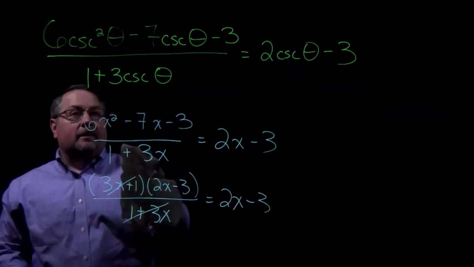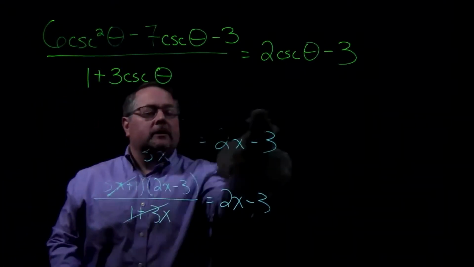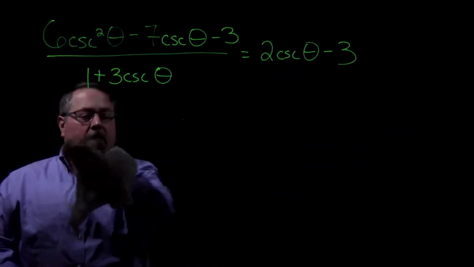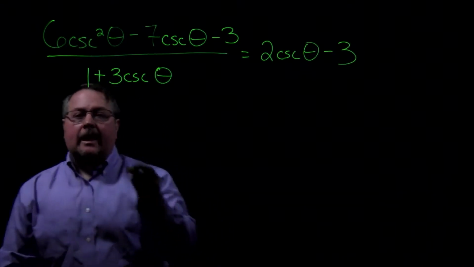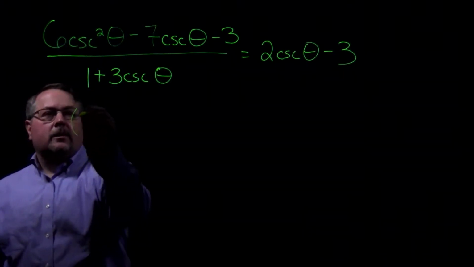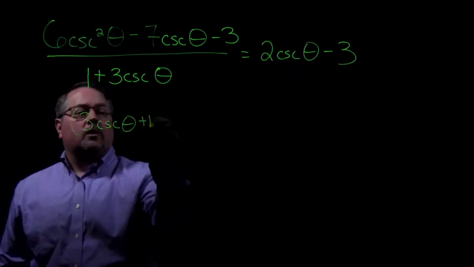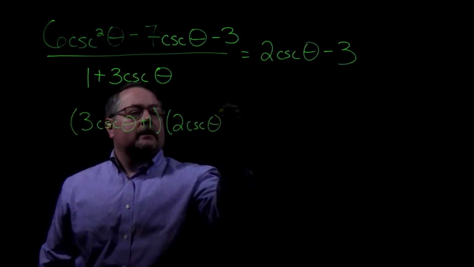So we're going to apply the same approach to our trig expression. So what we're going to do is rewrite our numerator by factoring as 3 cosecant theta plus 1 times 2 cosecant theta minus 3.